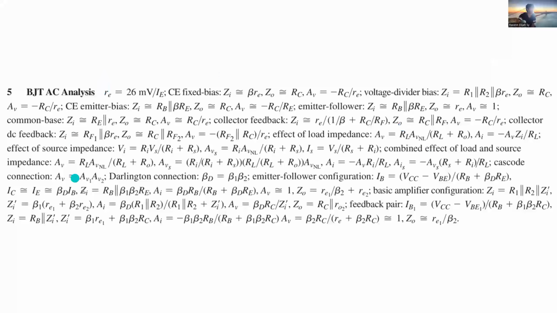Next. So, in the BJT analysis, there's a ton of formulas that will be used. These are all the significant formulas that will be used in AC analysis of a BJT in electronic circuit devices. So we have RE, 26 millivolts over IE. Then we also have fixed bias, voltage divider, emitter bias, emitter follower, common base, common collector, feedback, and other stuff.